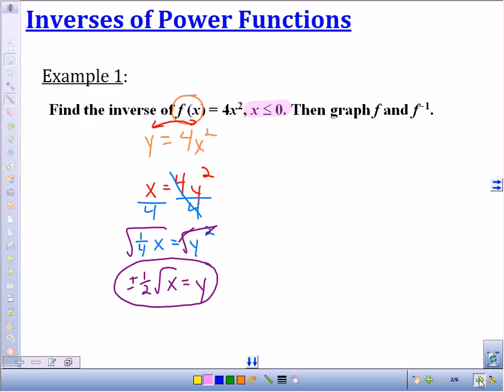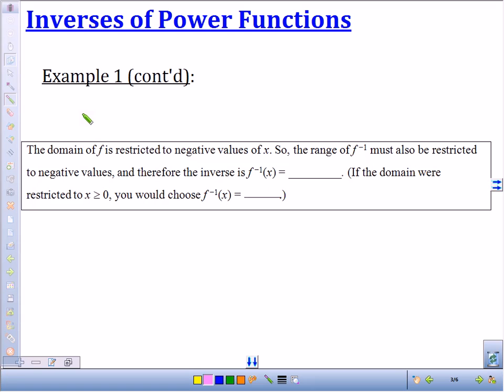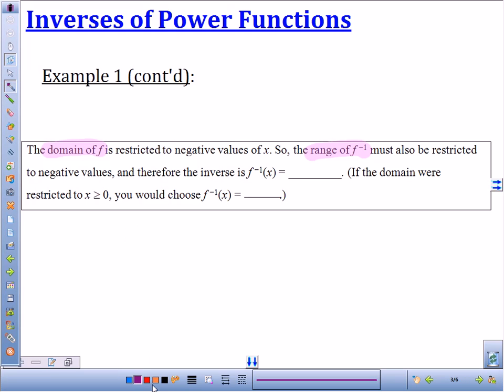Now, when we do that, it does have an effect. For instance, the domain of f in this case, right, the domain of the function f, is restricted to the negative values of x. What that means is the range of the inverse must also be restricted to negative values. And the reasoning behind that's a fairly simple one. As you know, for an inverse, the x's and the y's switch places.